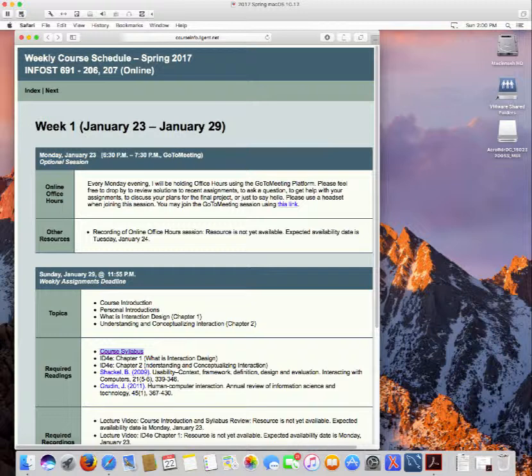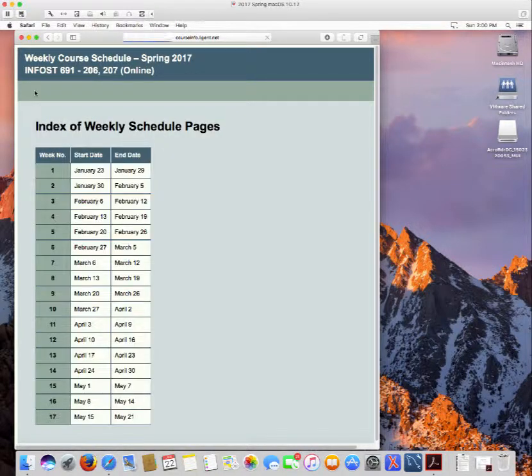There are, I think, 17 weeks in the semester, of which we only use 16. The last one is studying, exams and graduation. And associated with each course, there's an index page. So as you can see here, there are 17 weeks.